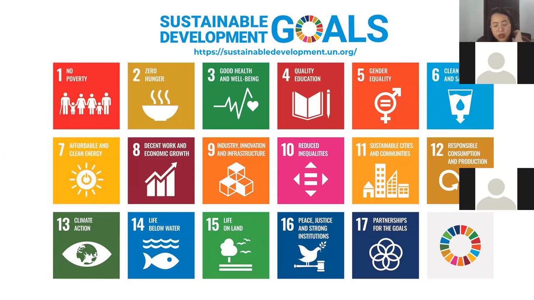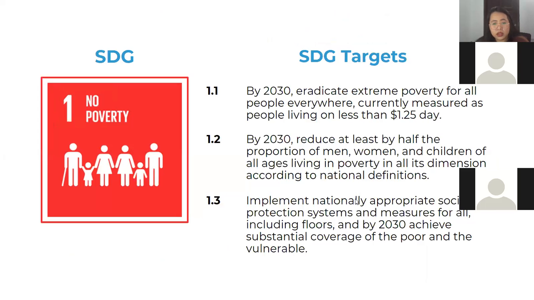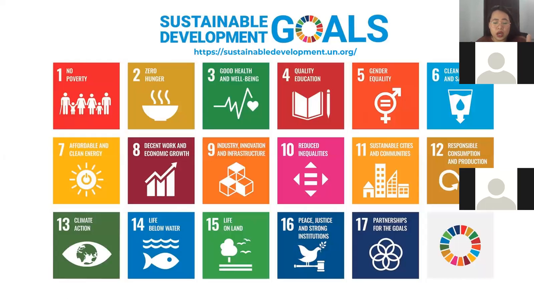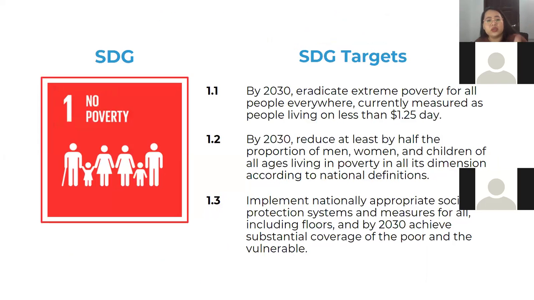So here is an example, Dion, of the SDG targets. These are the 17 Sustainable Development Goals, and the targets or the indicators. I'm not expecting you to read something that long, kasi when it comes to international law or United Nations, talagang mahaba yung mga documents nila.